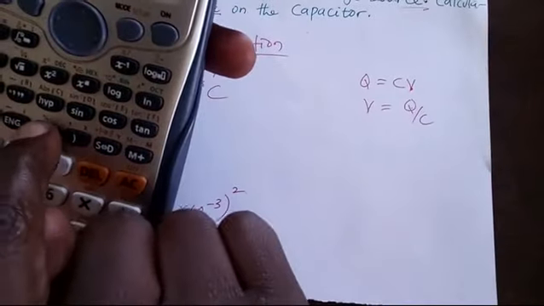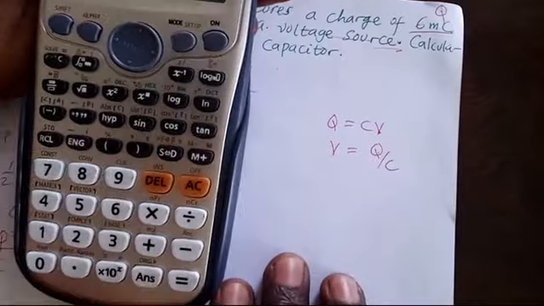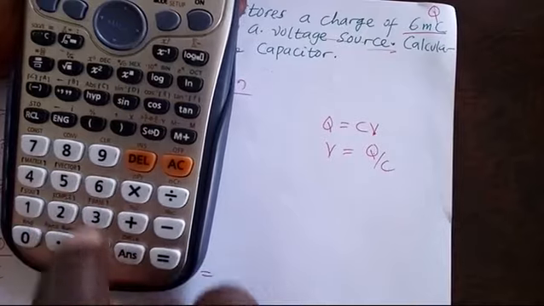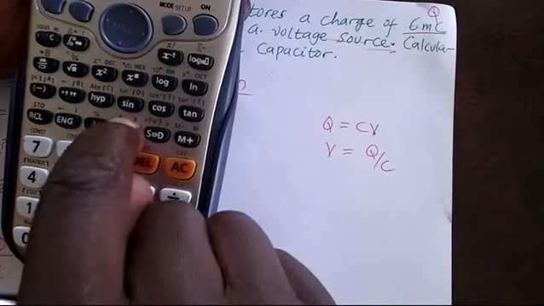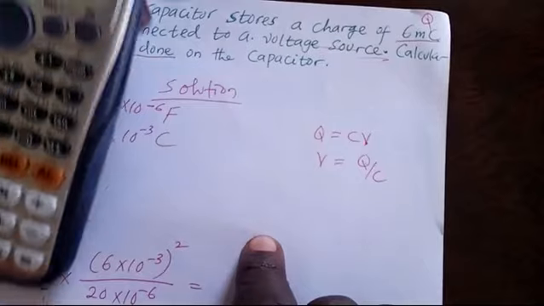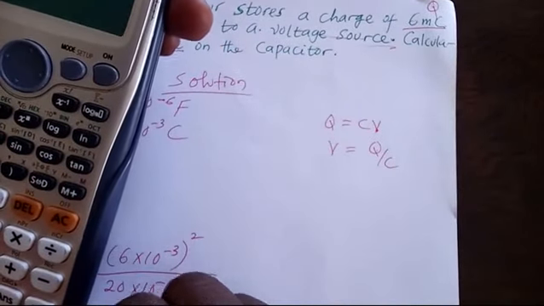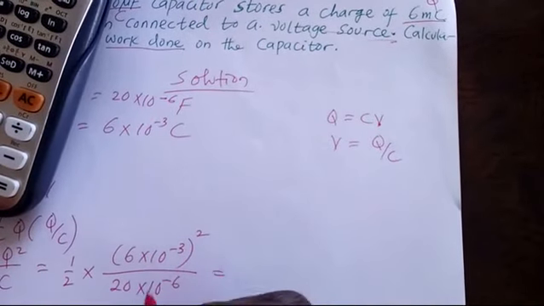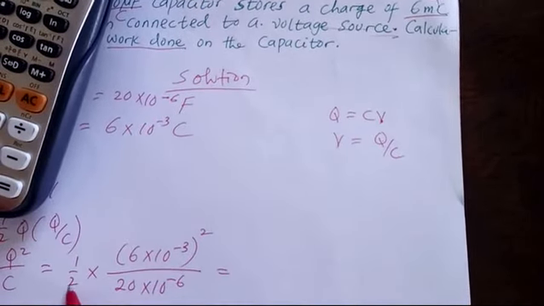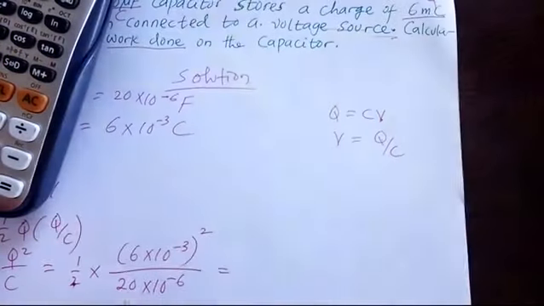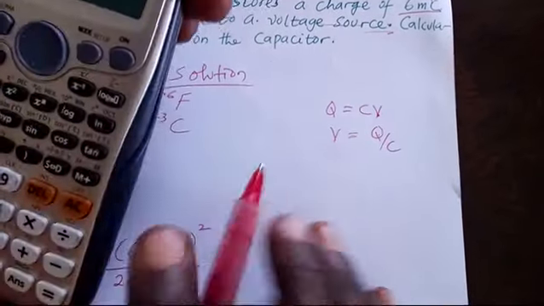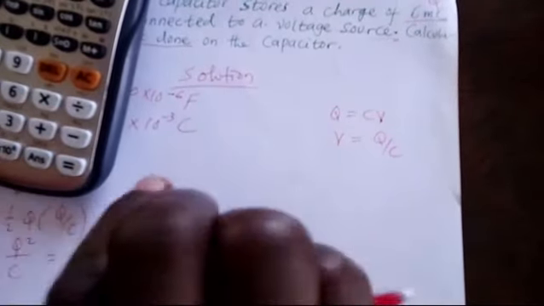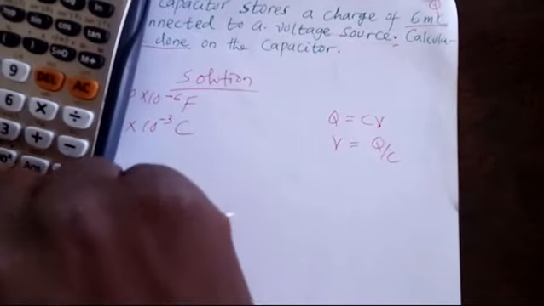Look at it here. I'm going to open a bracket here and press 6 exponential minus 3 close bracket, then I square it. See that? Divided by, I have to start with this 2 again. 2 times 20 exponential negative 6, so I will open a bracket for the denominator as well.